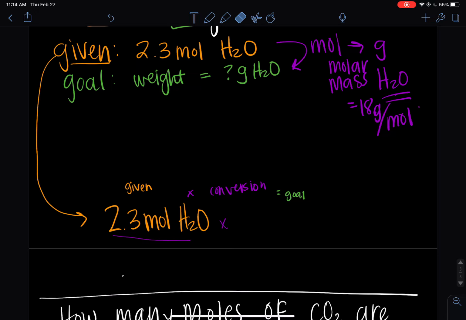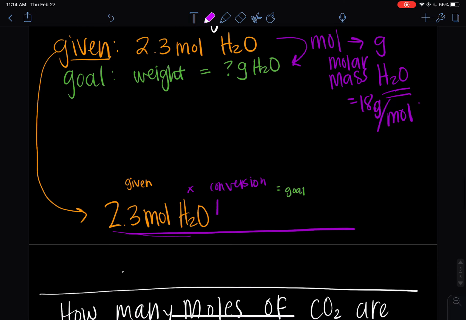Okay, so I'm going to start writing it in bracket form so that we can get used to that. So when I write the vertical line, that means multiply, and the horizontal line means divide. So if I have mole on top right here, I want to put mole on the bottom of the next bracket. So I'm going to put 1 mole of H2O.